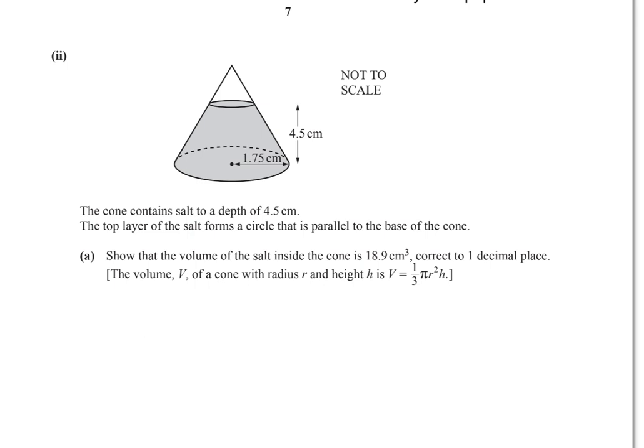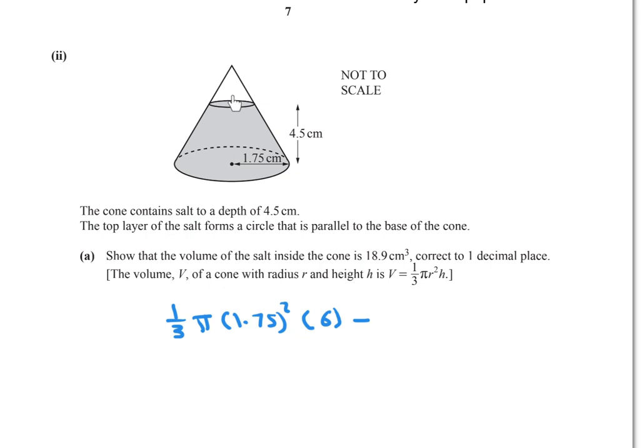So for the big cone, 1/3 pi times 1.75 squared times the perpendicular height, which is 6, minus the small cone. For the small cone, we need to find the radius and the perpendicular height.